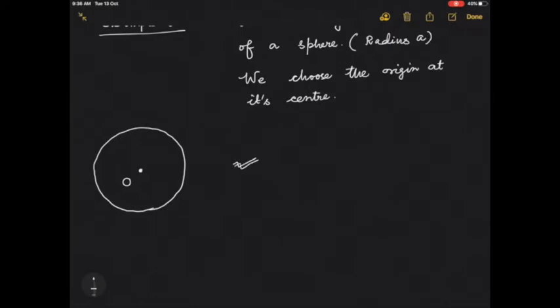Mostly for this type of cases, you deal with an exterior problem, which means your volume is outside the sphere, and one surface which is enclosing the volume is the surface of the sphere. The other surface may be at infinity. You can also deal with an interior problem where you are dealing with the volume inside the sphere. Okay, so let's say exterior problem.